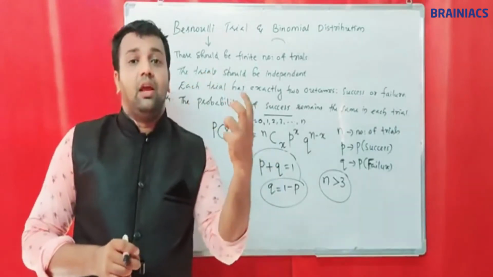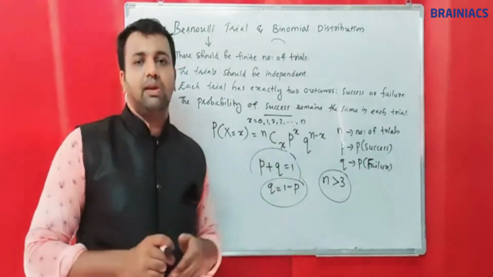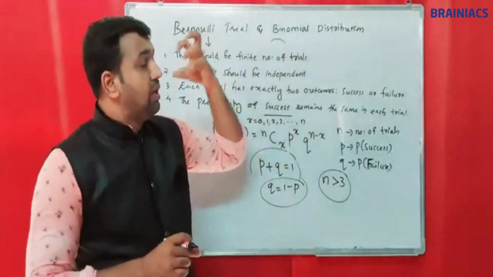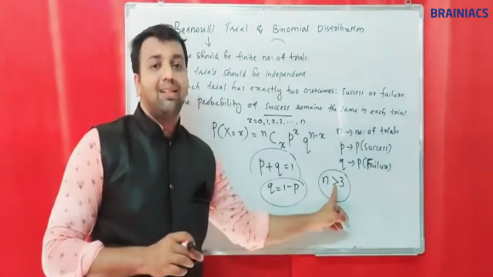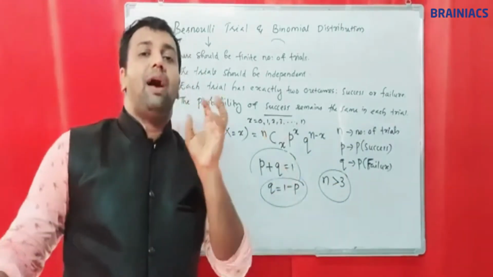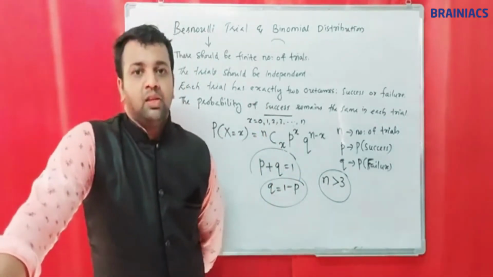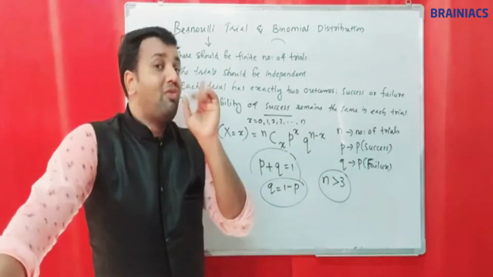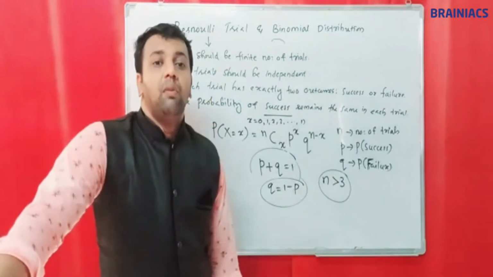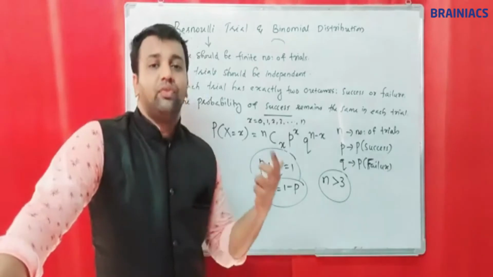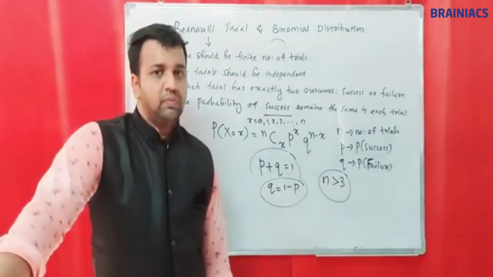When we are throwing a die 10 times, to find the probability, we can use this binomial distribution equation. So that is the importance of binomial distribution: when the number of trials is more than 3, the probability can be found easily by using binomial distribution. Remember, binomial distribution is used when the number of trials is more than 3.